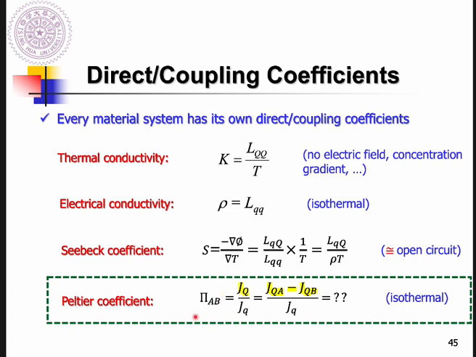We call this coefficient the Peltier coefficient. The details will be explained in the following slide, but just remember that if you want to measure the Peltier coefficient, it should be under isothermal conditions.